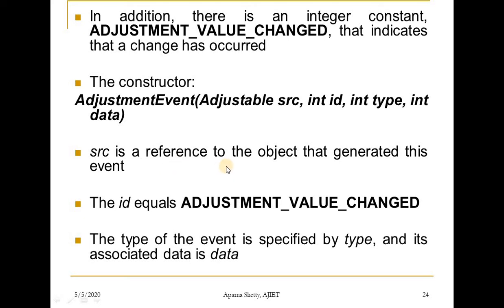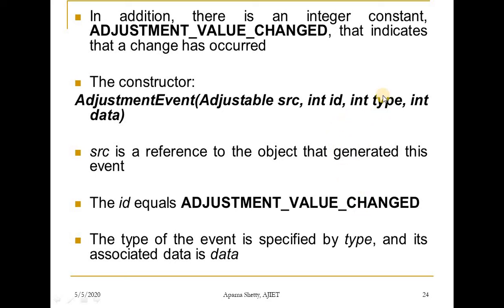So source is the reference to the object that generated this event. Here ID equals the adjustment value changed. So ID represents this constant, adjustment value changed, which indicates what change has occurred.